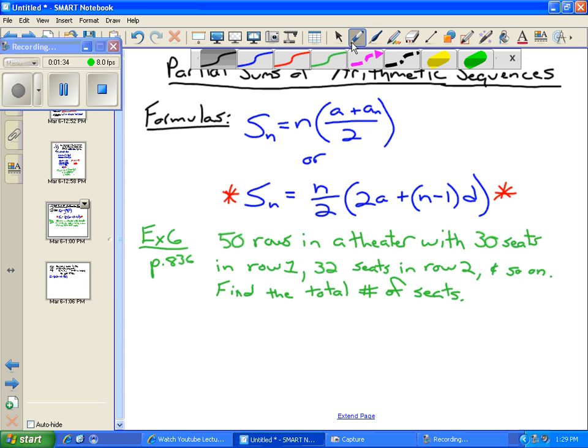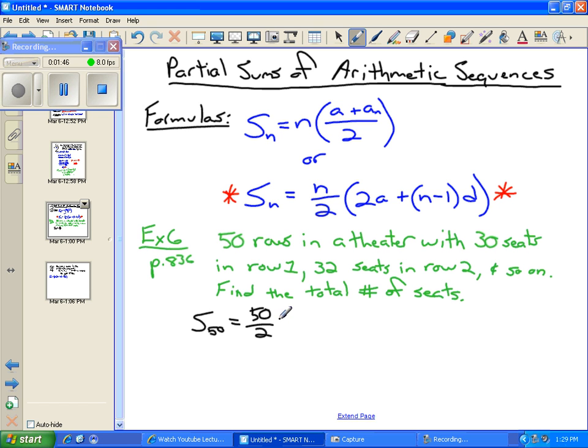Let's plug in what we know. Okay, we know there's 50 rows, so S of 50 is what we're looking for here. N is 50, so we got 50 over 2. 2 times A. A is the first term, or the first row. There's 30 seats in the first row. So 2 times 30.